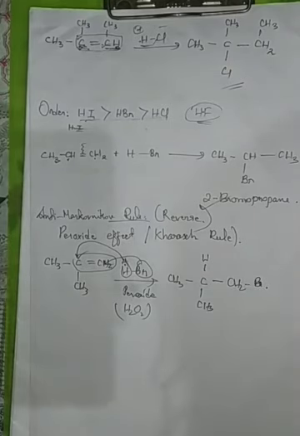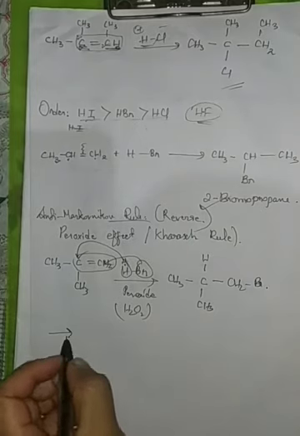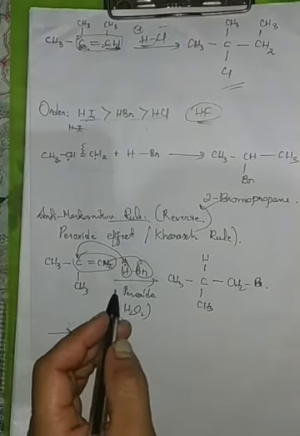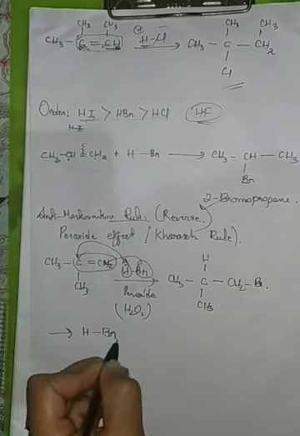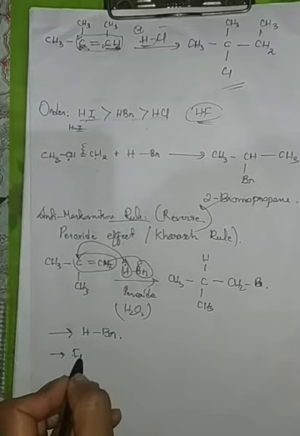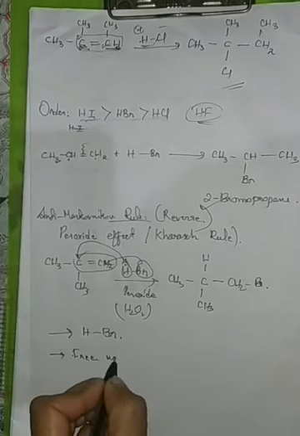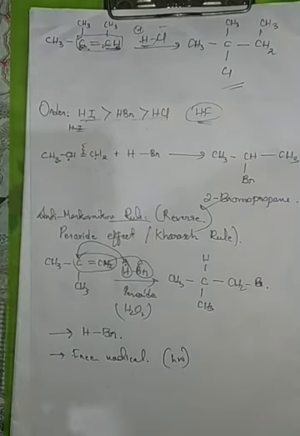Now, this anti-Markovnikov's rule has some conditions. It is applicable only to the hydrogen halide HBr, and here a free radical mechanism occurs, that is in the presence of sunlight.